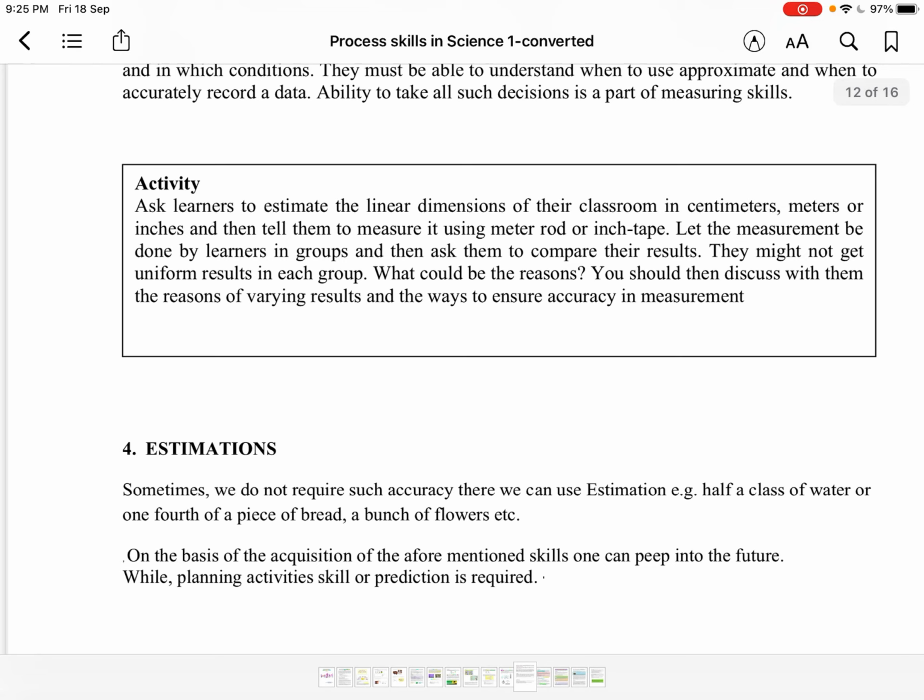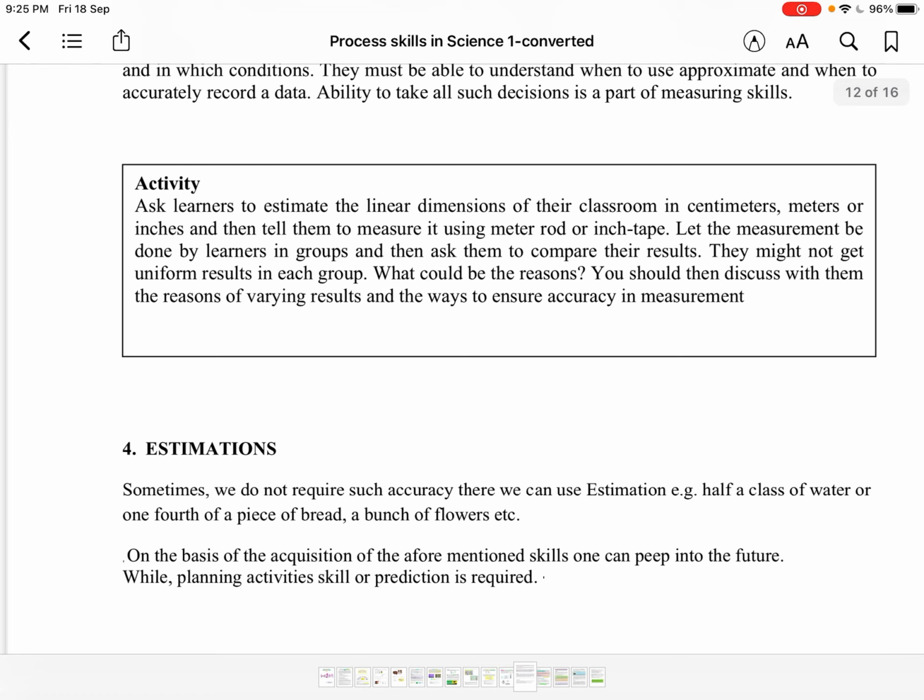Like activity, ask your students to estimate the linear dimension of their classroom in centimeters, meters, or inches, and then tell them to measure it using meter rods or inch tape. Let the measurement be done by the learners in groups, and then ask them to compare their results. They might not get a uniform result in each group.